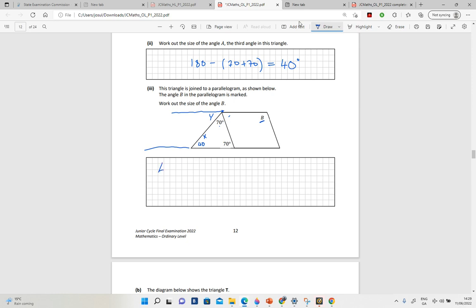So angle X is equal to angle Y because they're opposite angles. You would have looked at this in theorems and axioms when going through your geometry. Because of that, we know that angle Y is actually 40 degrees as well.